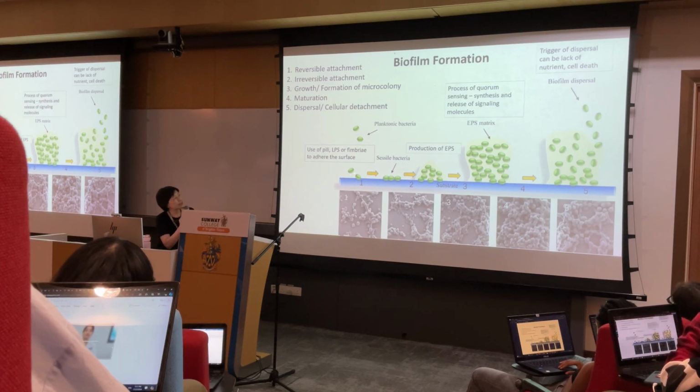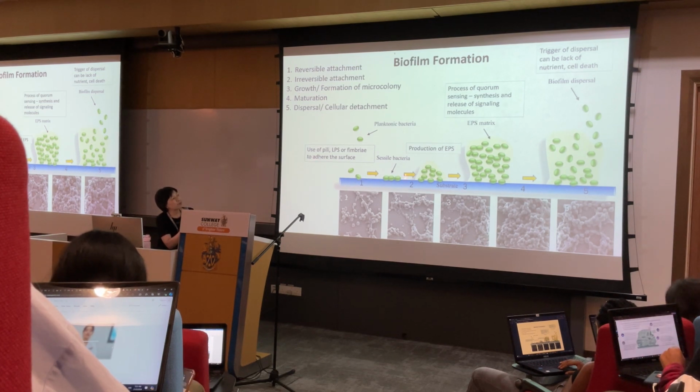Now, at stage 1, normally they are coming from planktonic bacteria, they are plankton. So they can attach to the surface and then they can detach from the surface. So this is the so-called reversible attachment. They can attach and detach easily.